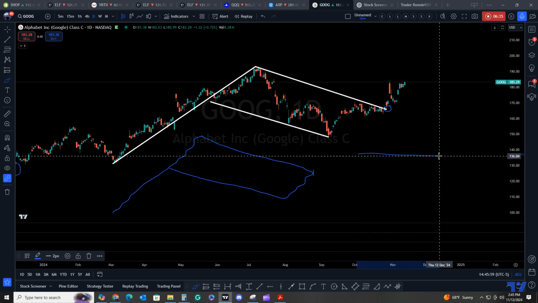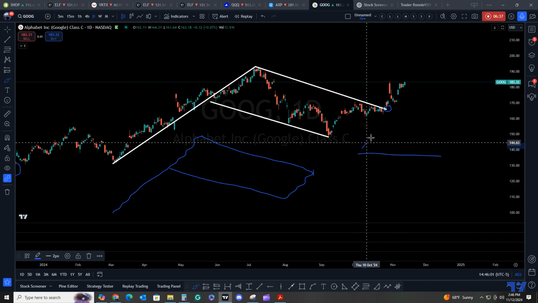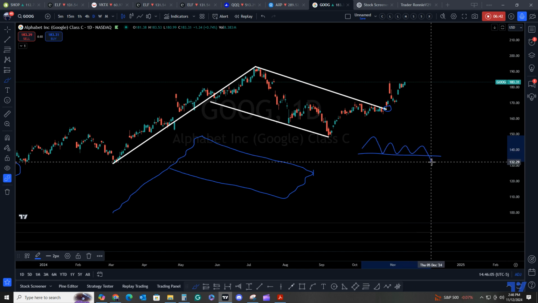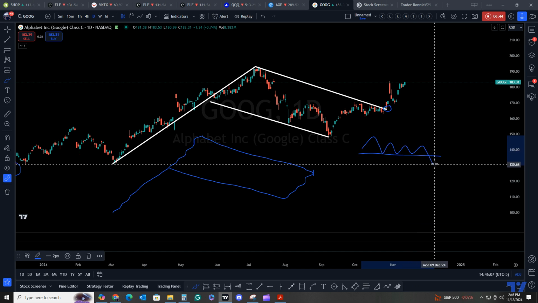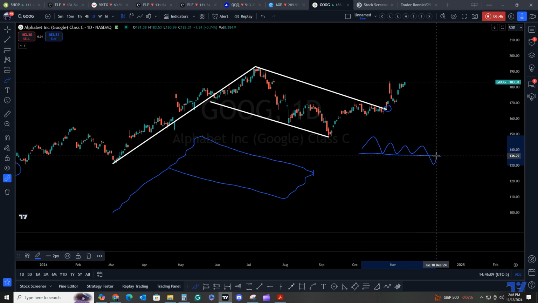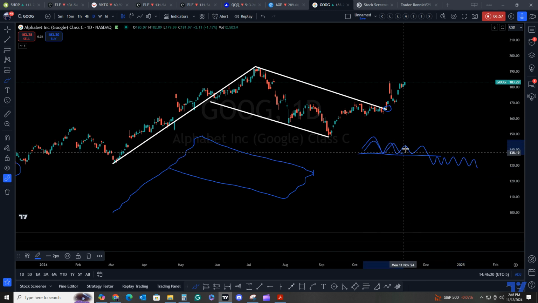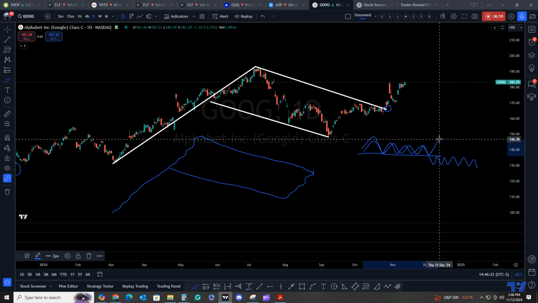So if you know anything about support and resistance, when you have support, you'll keep on bouncing off the support. When you break through that support, you will usually come back up to retest the once-support now turned resistance, because now it is resisting you, it is pushing you away, compared to where the support is bouncing and supporting you.